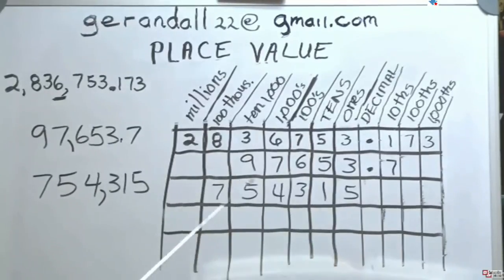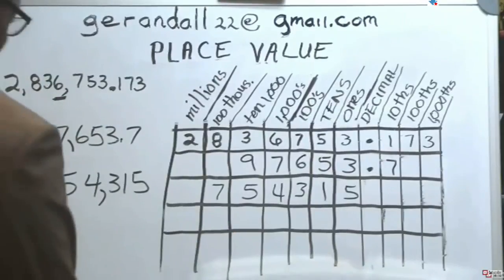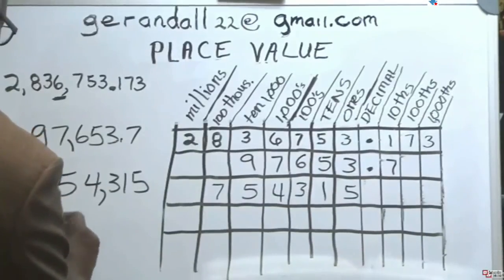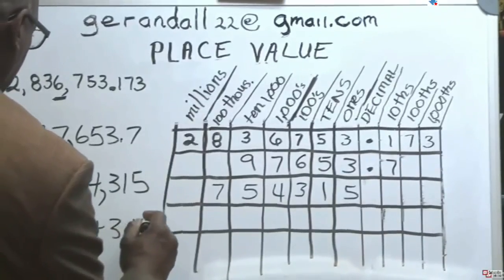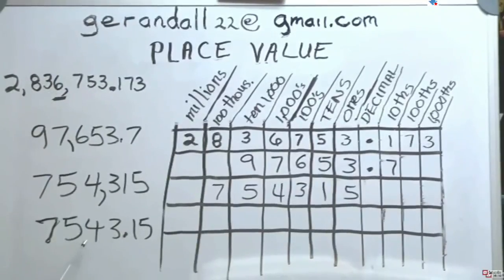If you say and, it would infer that you're talking about a decimal. And that would look like this. And as you can see, 7,543 and 1,500 is a lot less than 754,315. If you had a salary, I think you'd want this one. And that would be your six-figure income.